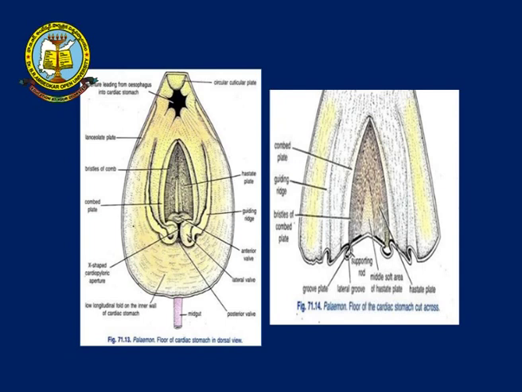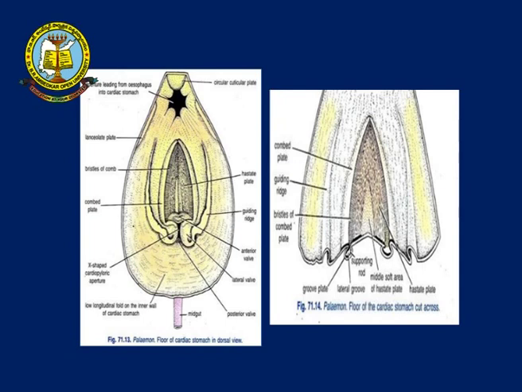Now, when you take a section of the stomach, how does the stomach look? Here you can see the longitudinal inner wall of the cardiac stomach completely, and in the center, below it, you have this hastate plate, which consists of comb-like structures on either side, and this is again guarded by a ridge-like structure.